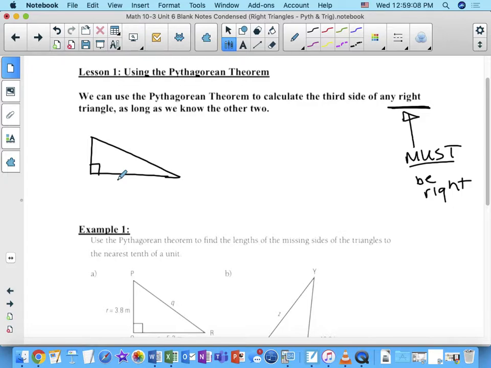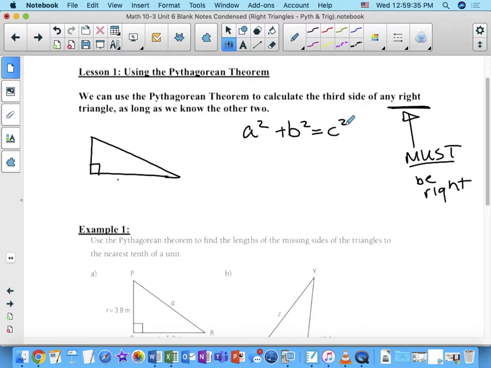Okay? Now, I asked you guys earlier, what is the Pythagorean theorem? You guys said a squared plus b squared equals c squared. Okay? If I were to label this triangle, does it matter which side is A and which side is B and which side is C? Or could I label them however I want?